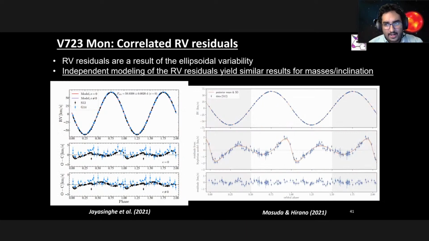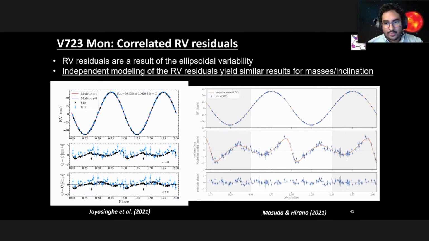Another independent validation of the orbital inclination and component masses came from the radial velocity data. We found that once we fit a Keplerian orbit to the radial velocities, there were significant correlated residuals. This can be seen in both the figures. In their paper, Masuda and Hirano identified that these radial velocity residuals were a result of the ellipsoidal variability and how it affected the absorption lines of the giant spectra over the course of the orbit.